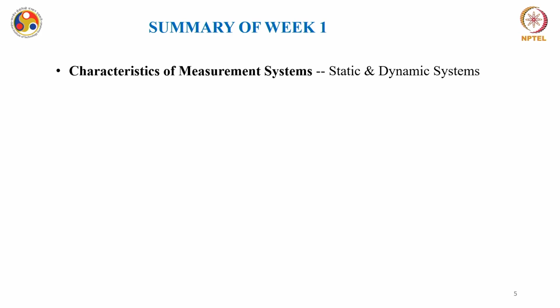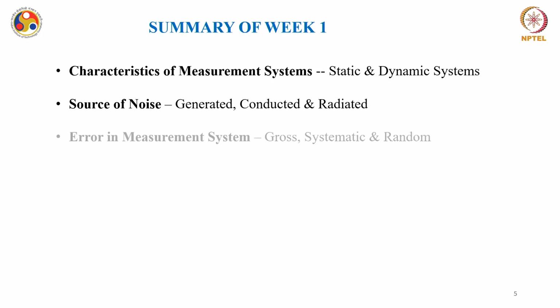Then we emphasized the characteristics of measurement systems, because they are required till our 5th module. So we saw the static and dynamic characteristics of these instruments in detail. We also talked about noise and sources of noise, including generated, conducted and radiated noise, and their differences and sources.